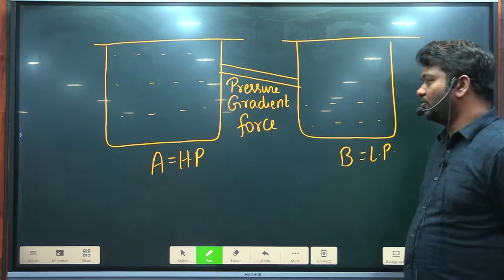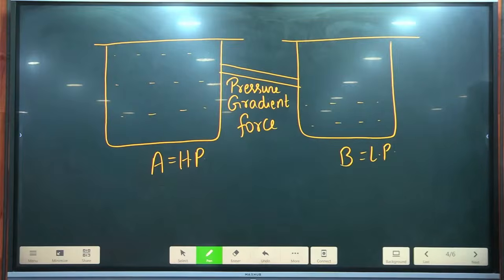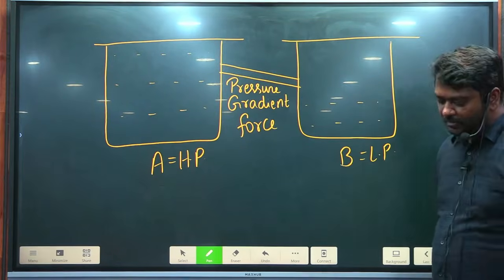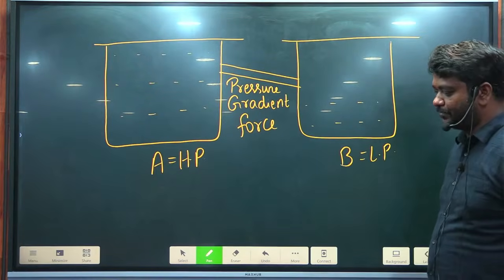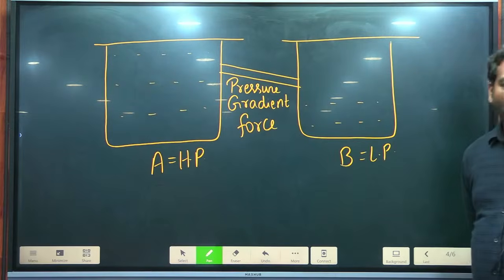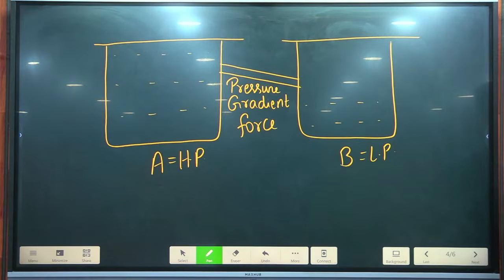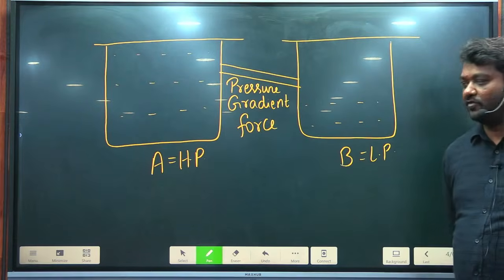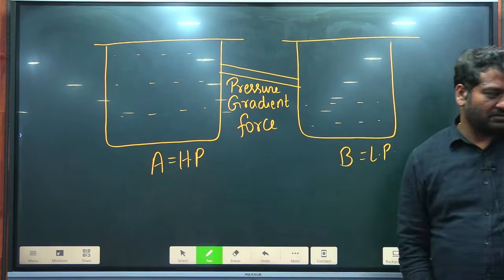This is known as pressure gradient (in brackets slope) force. Pressure gradient force. Draw this.